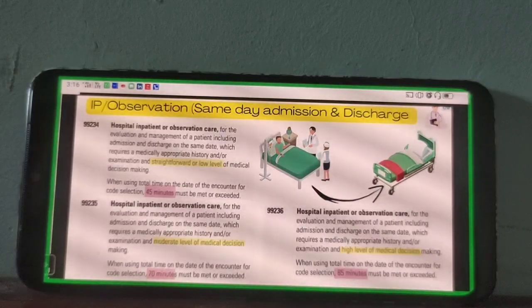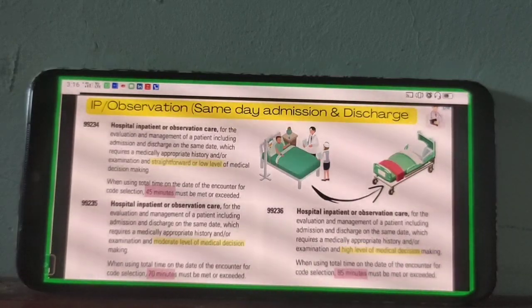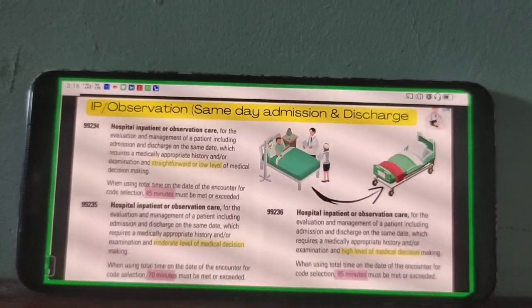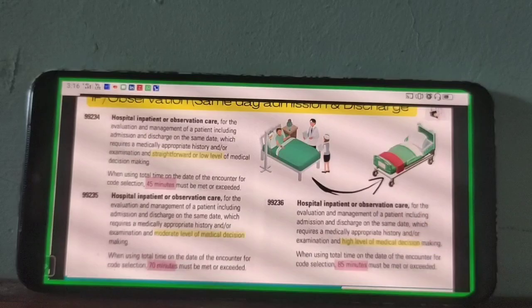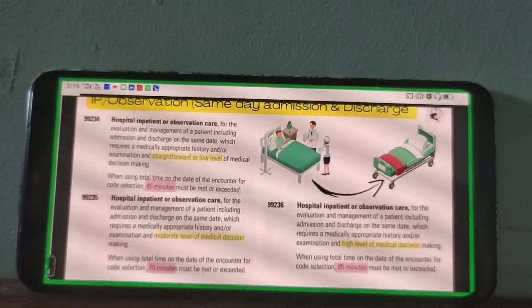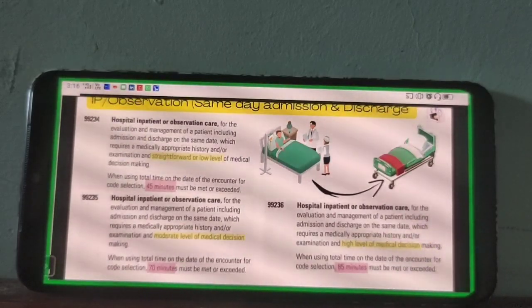Here, for straightforward or low MDM, 45 minutes, 99234; moderate MDM, 70 minutes, 99235; and for high MDM, 85 minutes, 99236.